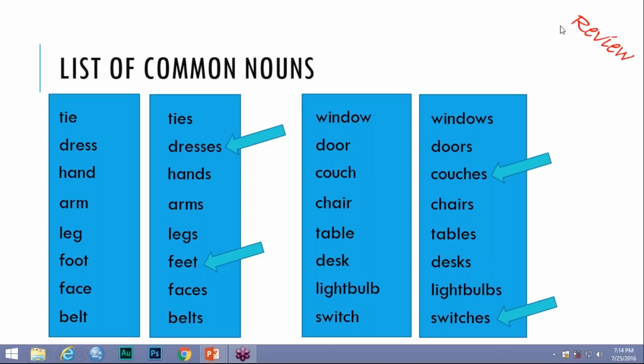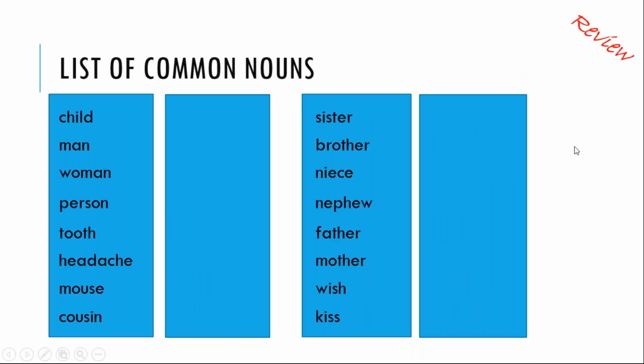So we have child, man, woman, person, tooth, headache, mouse, cousin, sister, brother, niece, nephew, father, mother, wish, and kiss.